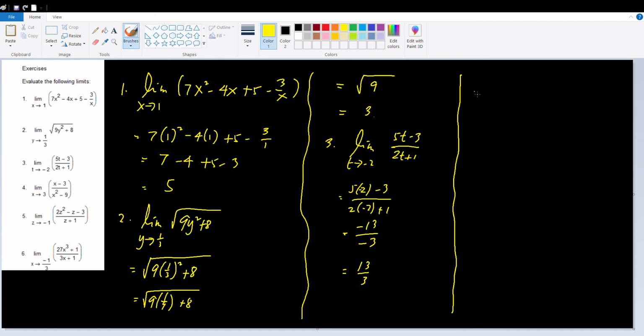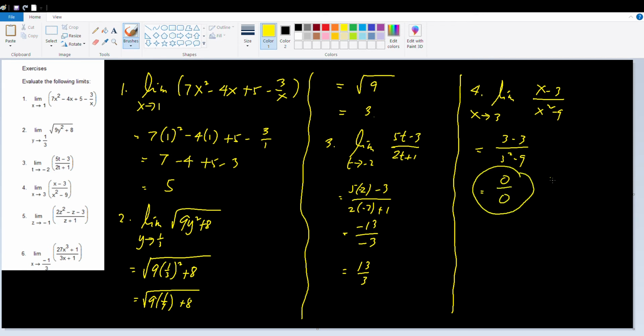We proceed to number 4. The limit of x minus 3 over x squared minus 9, okay, as x approaches 3. So by the substitution method, that will be 3 minus 3 over 3 squared minus 9, which is equal to 0 over 9 minus 9, 0. But 0 over 0 is an indeterminate form.